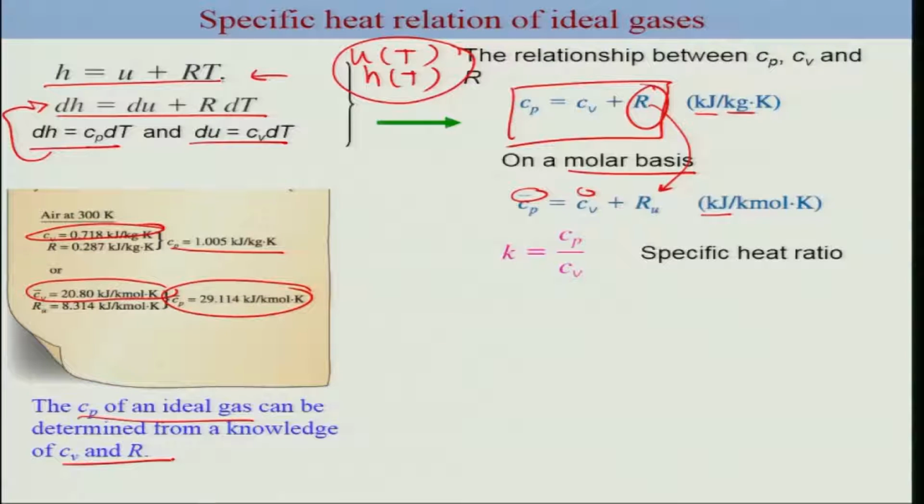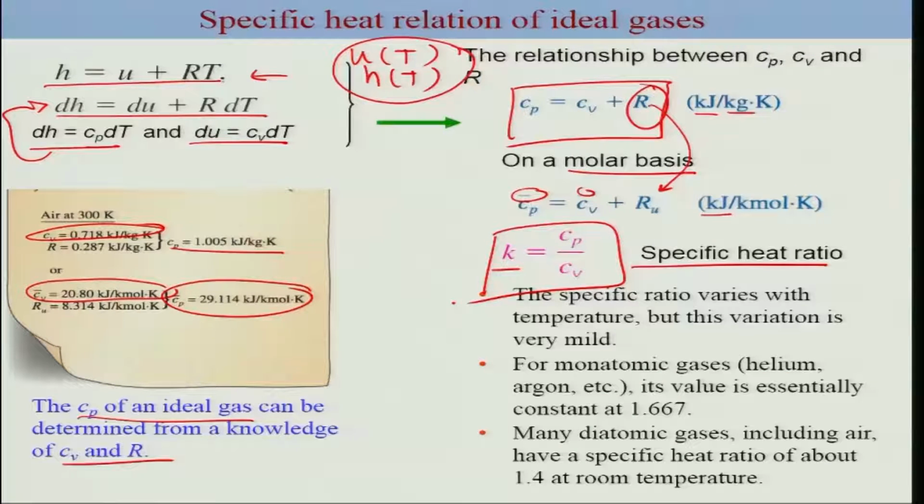One of the important parameters commonly used to analyze gases is the ratio of the specific heats, which is called k. So specific heat ratio k is equal to Cp by Cv. This is interesting because if you look at this ratio for many gases, it is constant. For example, for monoatomic gas, its value is essentially constant.